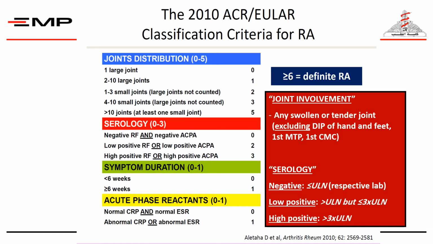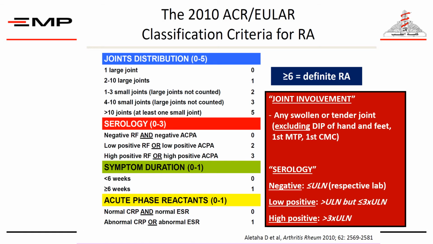Low positive means that the patient has positive level but less than 3 folds. High positive means that the patient has positive test but from 3 and more folds from that of the upper level of normal.